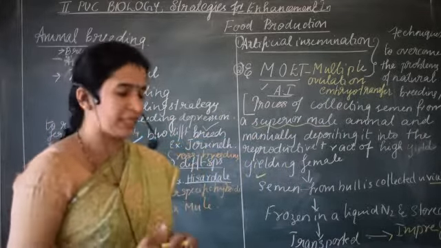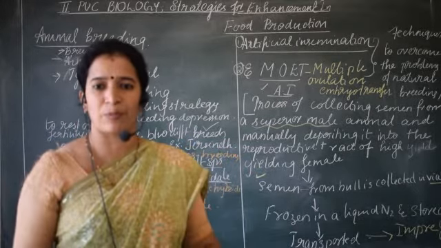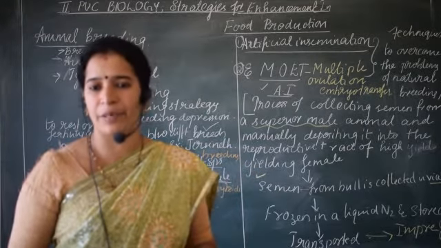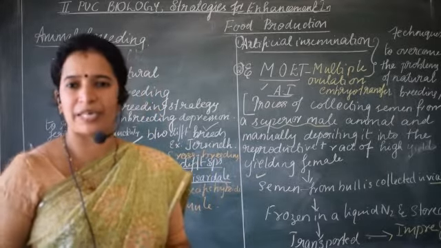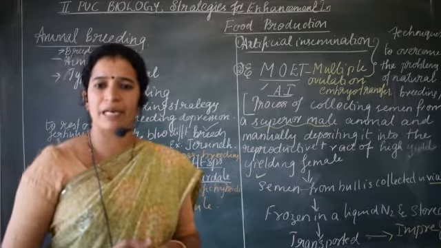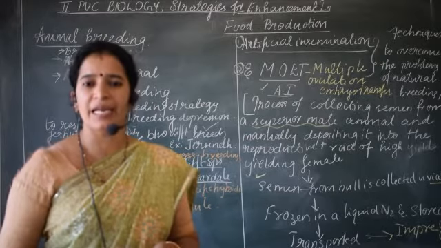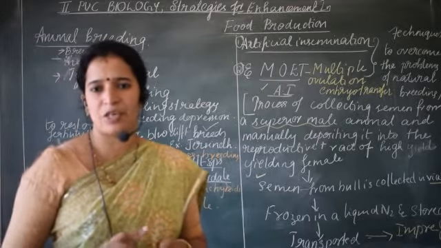You might have seen, if you have cattle or a cow at home, the veterinary doctor carrying a box, a thermoflask-like container, during the heat period of the cow, so that they can inject the semen into the reproductive tract of the female. Thereby we are able to get progeny of superior quality within a short span of time.